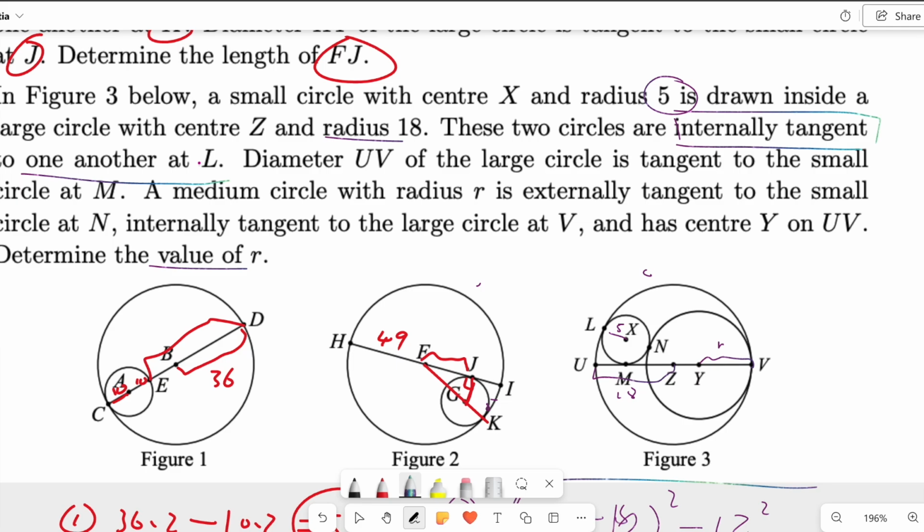The diameter UV of the large circle is tangent to the small circle at M. Tangent. Okay, for sure these two are similar. And the diameter and the medium circle with the radius, and so on. Okay, we can start it.